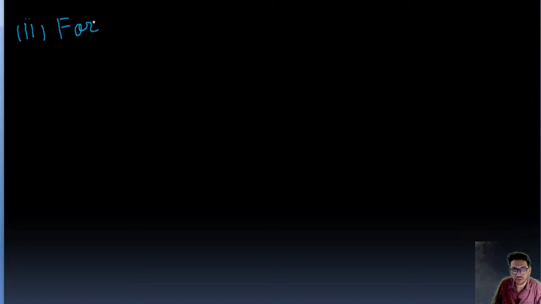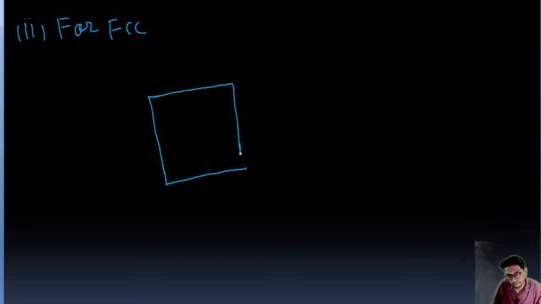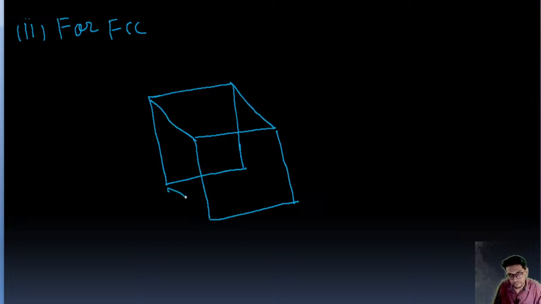So any one of the questions can be asked. Okay, so for FCC, it is going to be like this. I'll make a figure first. So FCC means like this.